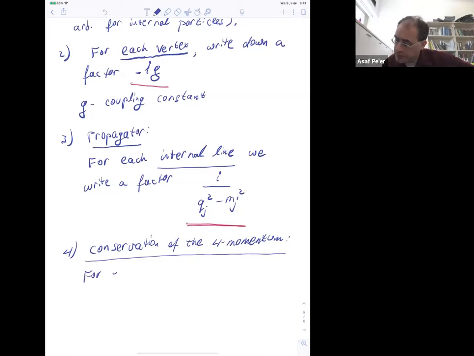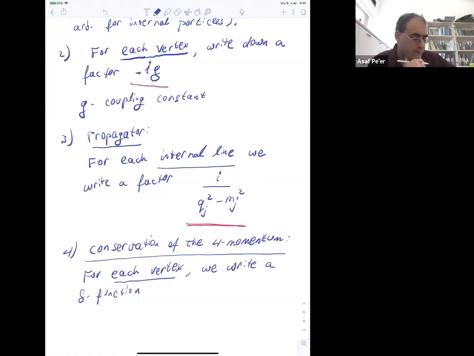For each vertex, we write a delta function of the momenta.